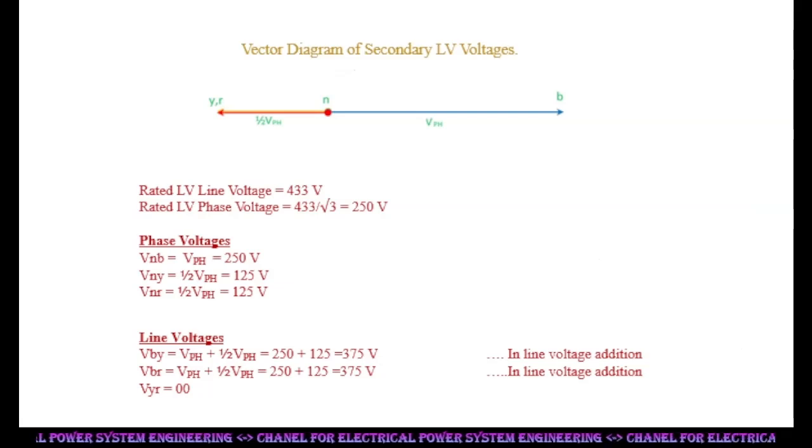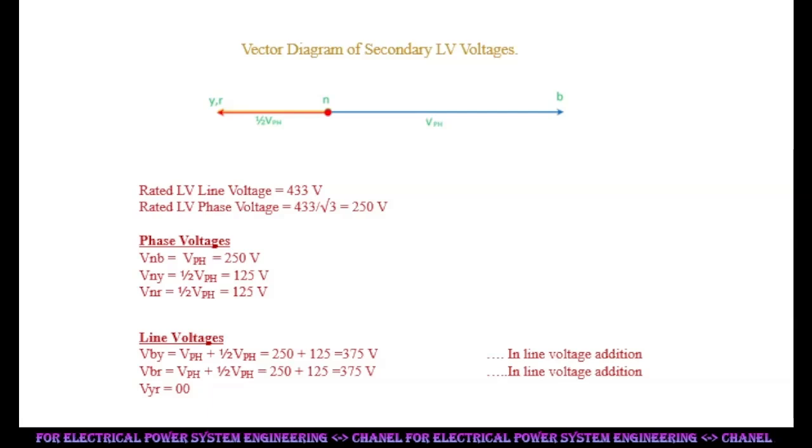Rated LV line voltage is equal to 433 V. Rated LV phase voltage is equal to 433 by root 3, equal to 250 V. Phase voltages. VNB is equal to VPH is equal to 250 V. VNY is equal to half VPH is equal to 125 V. VNR is equal to half VPH is equal to 125 V. Line voltages.